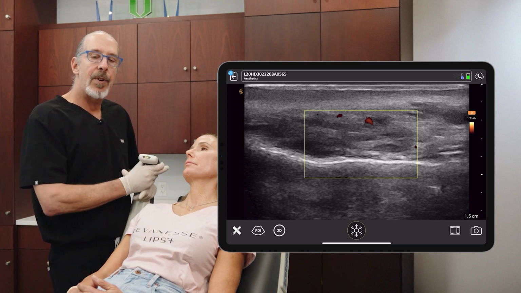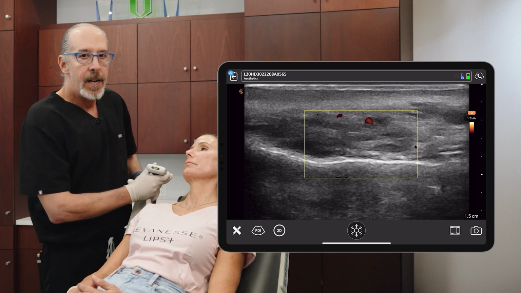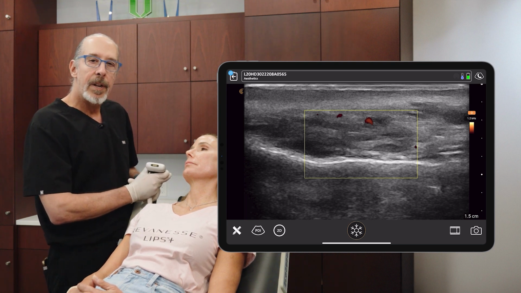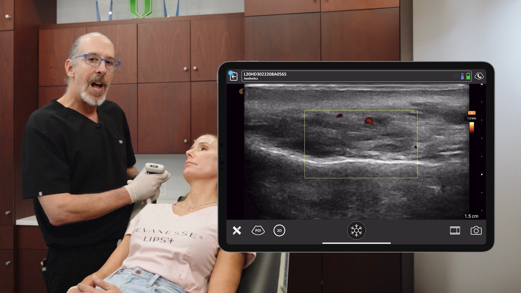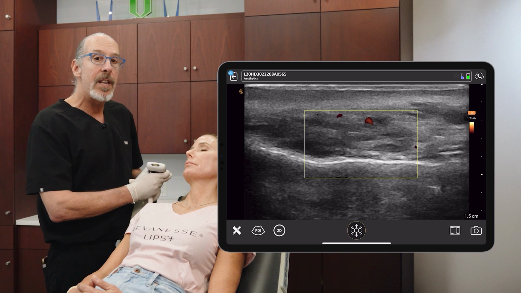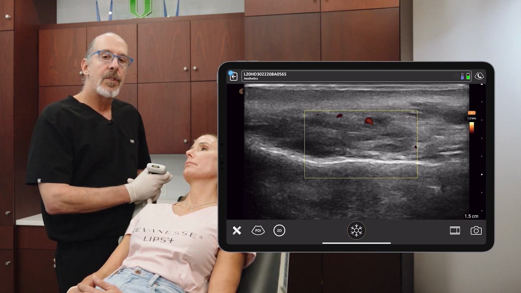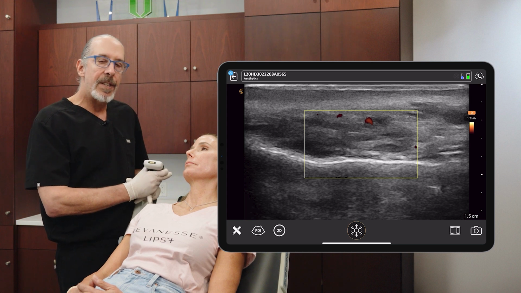Why do I choose 1.5? Because the bevel on a needle that you're going to be using is typically 1.5 millimeters in length. So even if you're on the bone and below the artery, you can possibly have the bevel still within the artery. So 1.5 is that criteria.